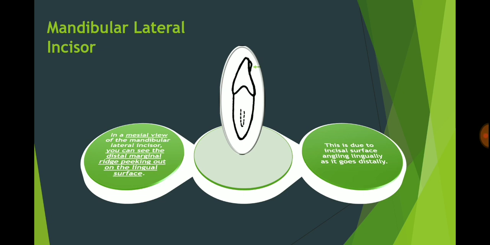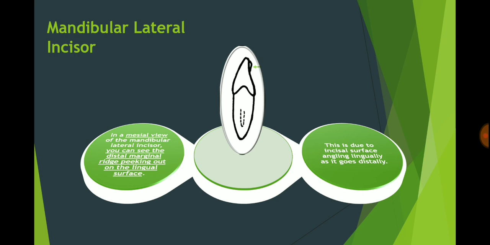Now remember, when viewed from the incisor aspect, the crown of the mandibular lateral incisor appears to be twisted on its root, and it angles lingually as it progresses to the distal. That's what we saw.